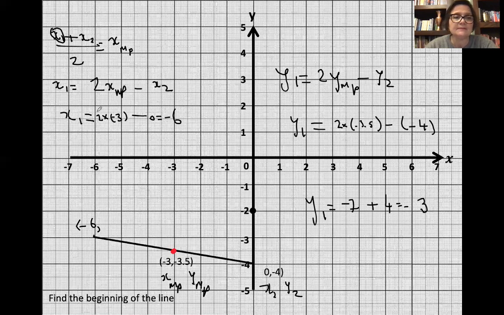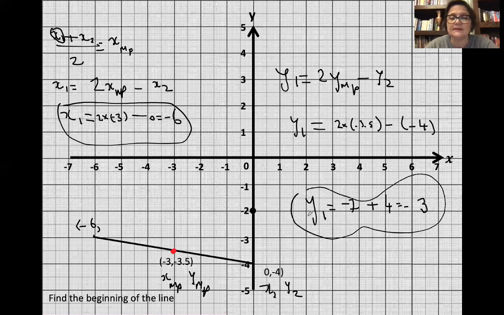So, can you see now? x1 is minus 6, and y1 is minus 3. So minus 6 and minus 3, just like that. So by knowing how we calculate the coordinates of the midpoints, we can rearrange the formula to be able to find the coordinates of the beginning of the point or the coordinates of the end point.